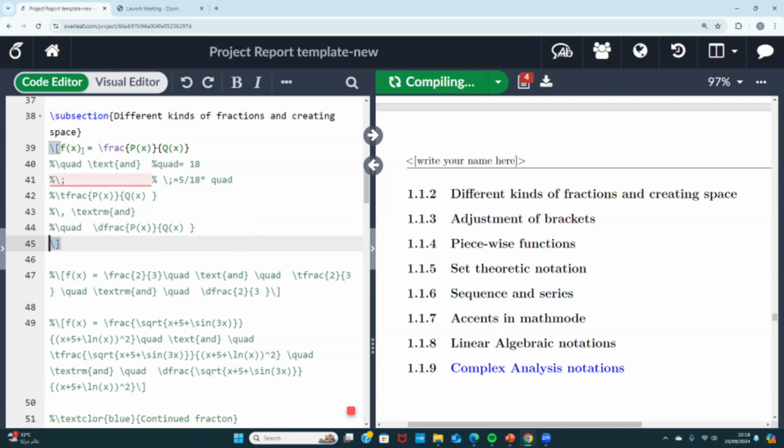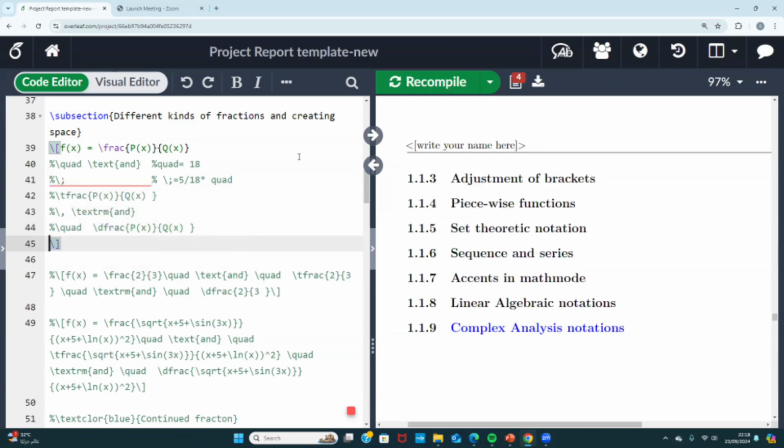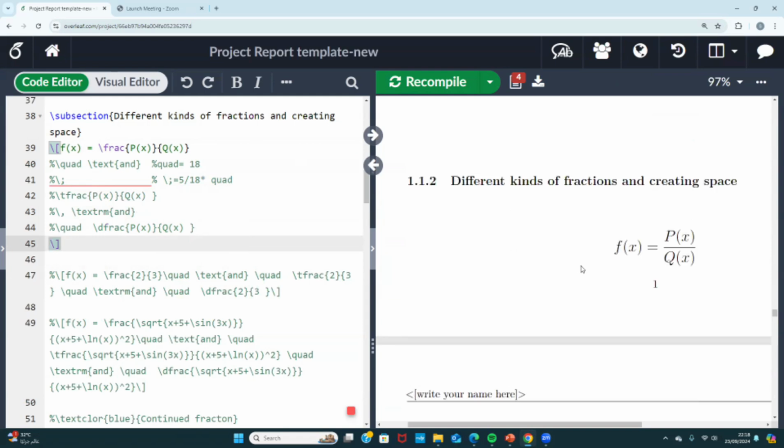When we write f(x) is equal to fraction p(x) over q(x), that creates a fraction like this: f(x) equals p(x) over q(x). In this same equation, we are going to discuss different kinds of fraction.